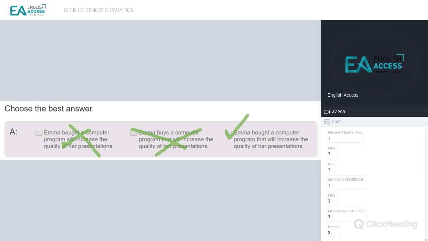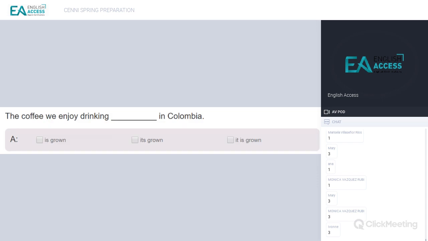Emma bought a computer program that will increase the quality of her presentations. Good job. 16. Ooh, this is difficult.